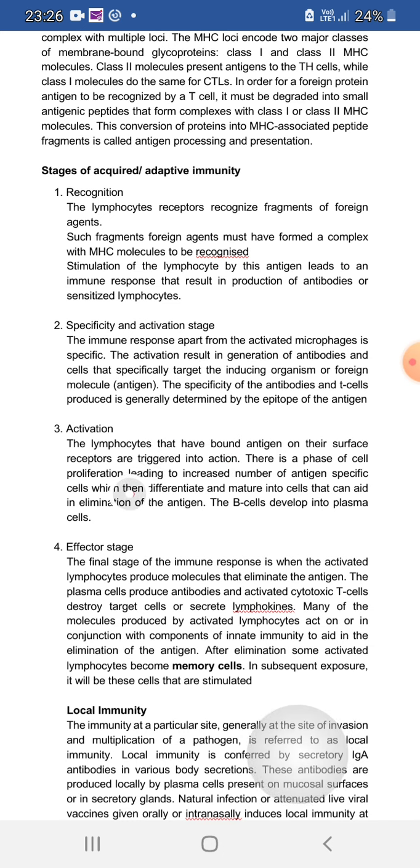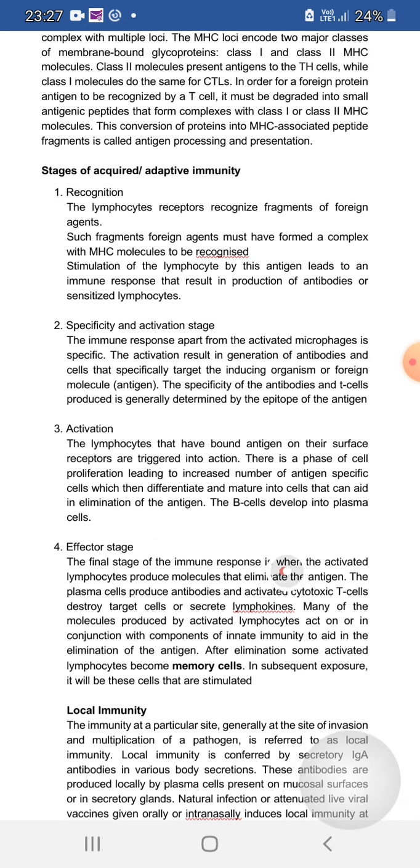But some of these cells become memory cells. You remember what we talked about memory cells, so that in a second attack they are ready, and the effector stage or the action against antigen is much faster, as we had said.